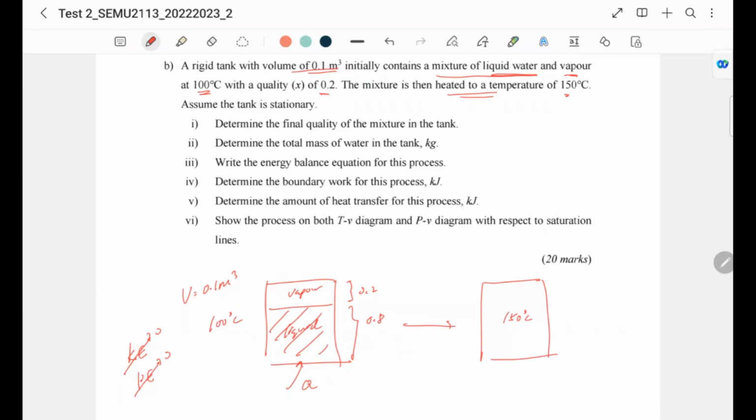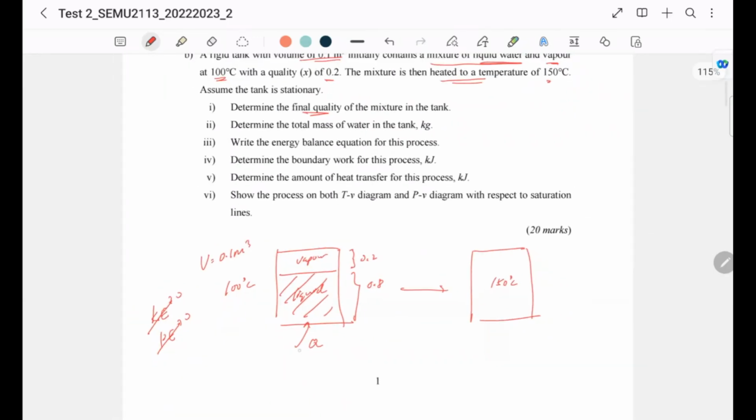So then the question wants us to determine the final quality of the mixture in the tank. In order to solve this question, first of all, we can find out the specific volume first, because it's a mix of vapor and liquid.